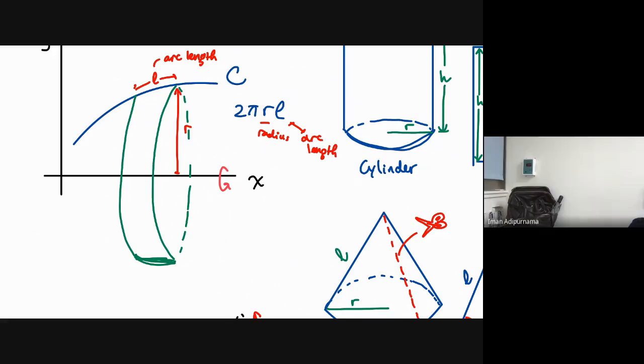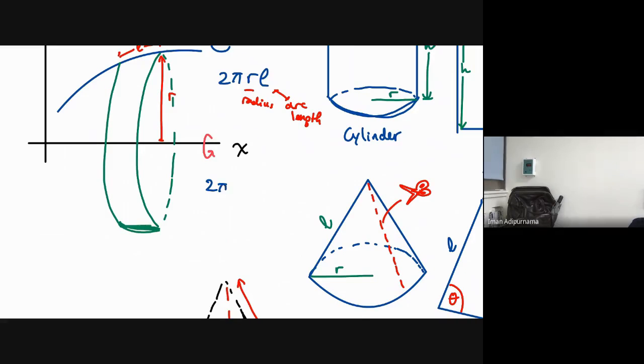Sometimes you can write ds for the arc length. Note that the arc length you pick up from the curve is very small, and it depends on the rotation. In this case, it's y. But if you rotate to y, then it will be x. Your radius will be changing.